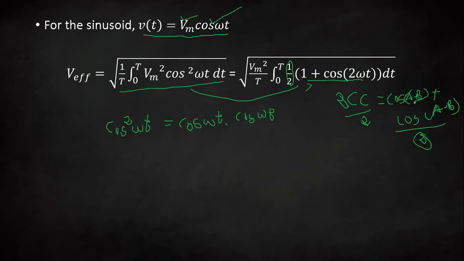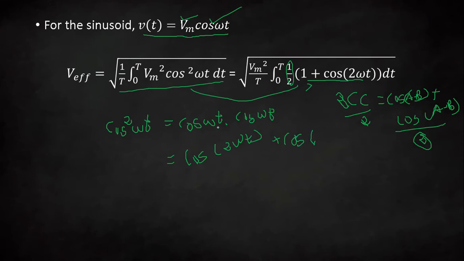So if you do cos(a+b), here a plus b is omega t plus omega t, so it will be cos of 2 omega t. Apply the same rule right here: cos a plus cos b becomes cos(a+b), that is cos 2 omega t, plus cos(a-b).